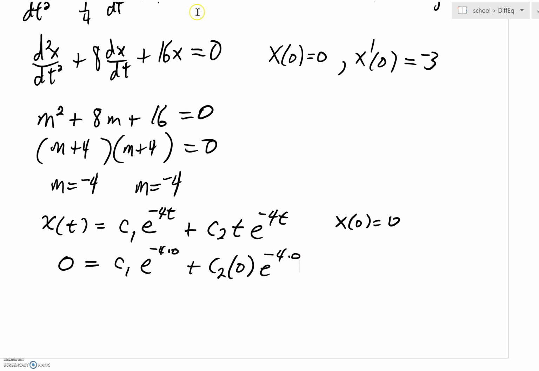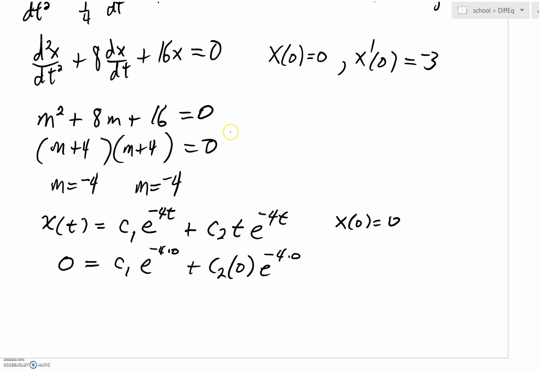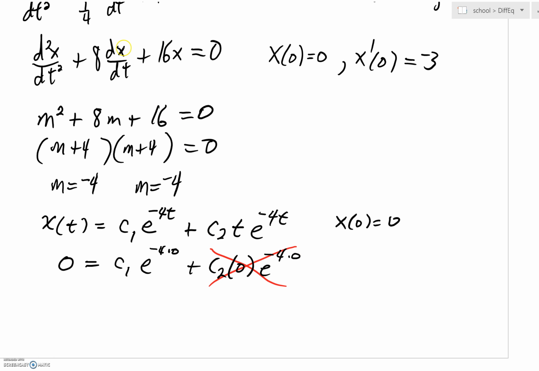I'll tell you why. That t out in front is going to come to our aid. That's going to wipe all this out. 0 times anything is going to go away. And then you can pretty much real quickly see that this e to the 0 is just a 1. So C1 is equal to 0.